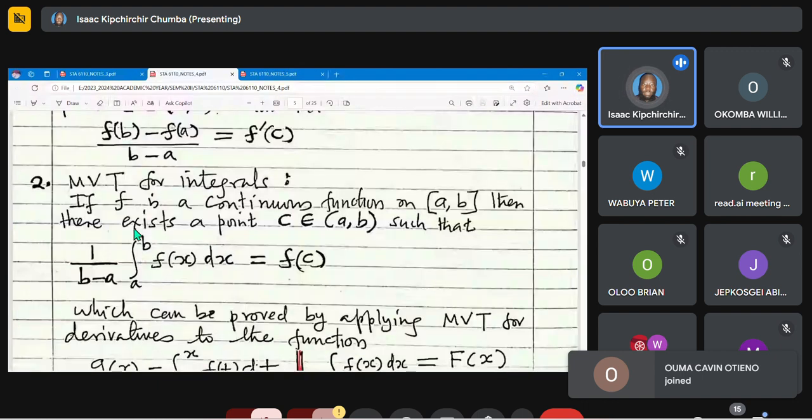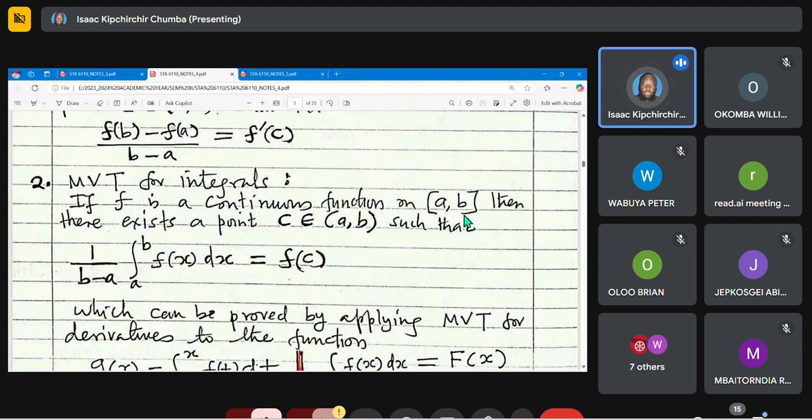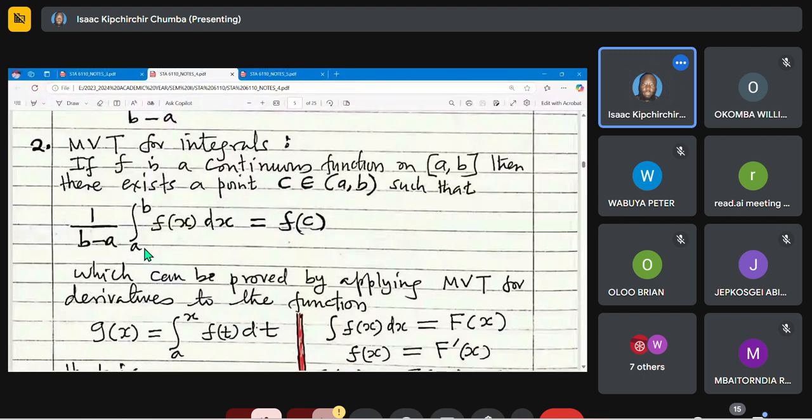For the mean value theorem for integrals, if f is a continuous function on the closed interval, then there exists a point in the open interval AB such that the definite integral of the function over the interval AB, divided by the length of the interval b minus a, is f of c. This is what we call the mean value theorem for integrals.